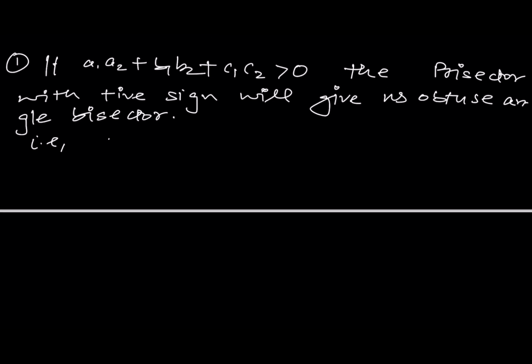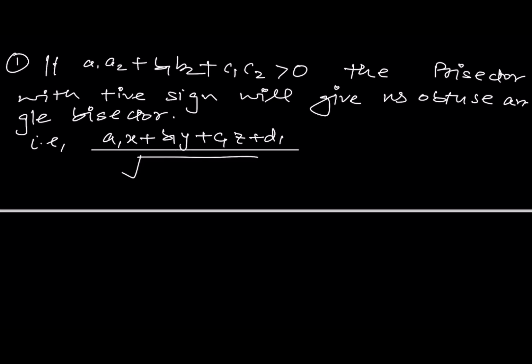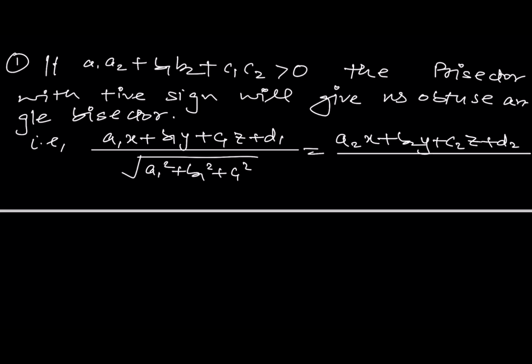That is (A1x plus B1y plus C1z plus D1) upon root over A1 square plus B1 square plus C1 square is equal to (A2x plus B2y plus C2z plus D2) upon root over A2 square plus B2 square plus C2 square, right?